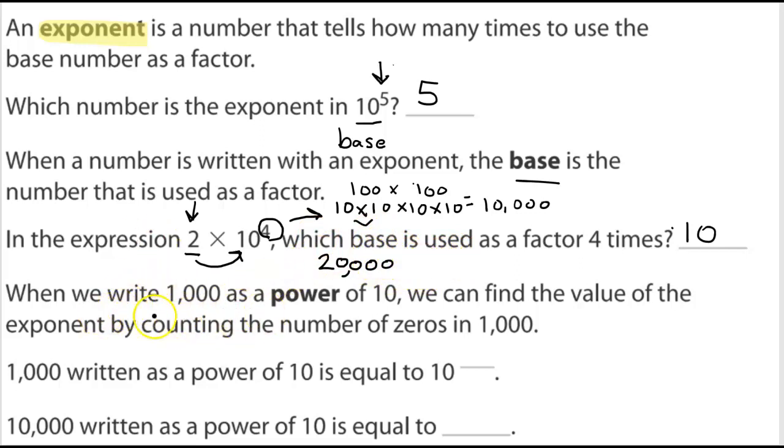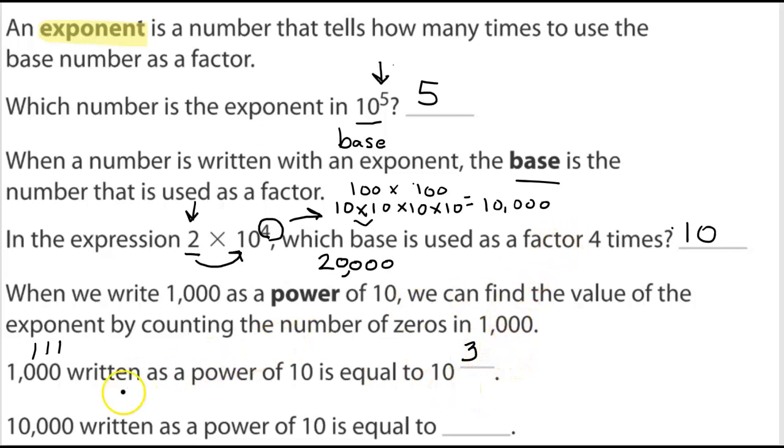So when we write 1,000 as a power of 10, we find the value of the exponent by counting the number of zeros in 1,000. This is true. So if 1,000 was written with a power of 10, all we've got to do is count these zeros, 1, 2, 3. So we know that 1,000 is equal to 10 to the power of 3, or 10 to the 3rd, however you would like to say that.